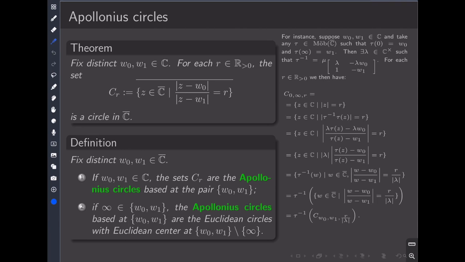This is when both of my points are in C. And then one says, what if one of them is infinity? If one of them is infinity, we actually already know what circles I want: just the circles centered at the finite point. Those are the Apollonius circles. So the circles centered at the origin are the Apollonius circles of 0 and infinity.